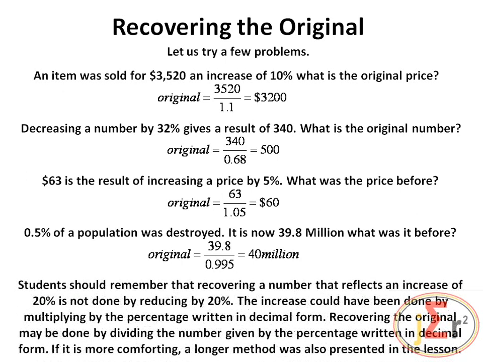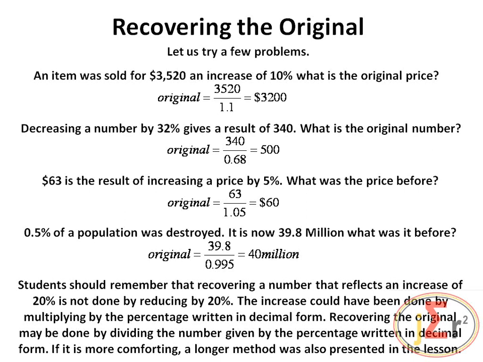Students should remember that recovering a number that reflects an increase of 20% is not done by reducing by 20%. The increase could have been done by multiplying by the percentage written in decimal form. Recovering the original may be done by dividing the number given by the percentage written in decimal form.